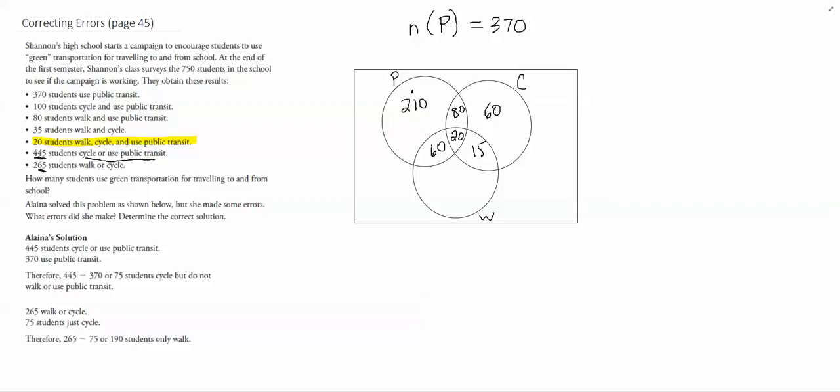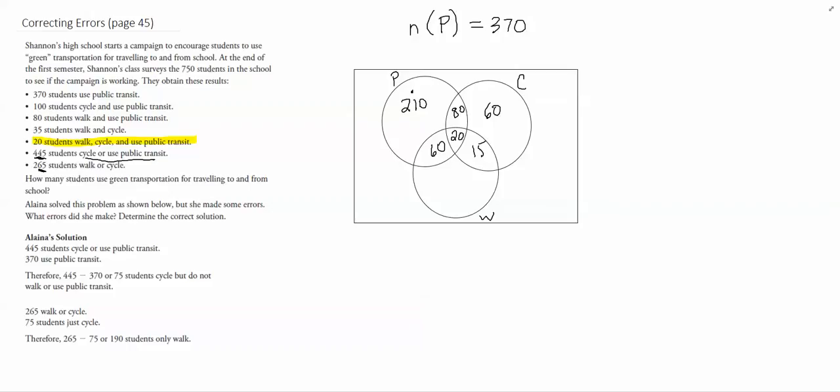And I made a mistake. So let's try this again. 265, subtract 80, subtract 60, subtract 20, and subtract 15.